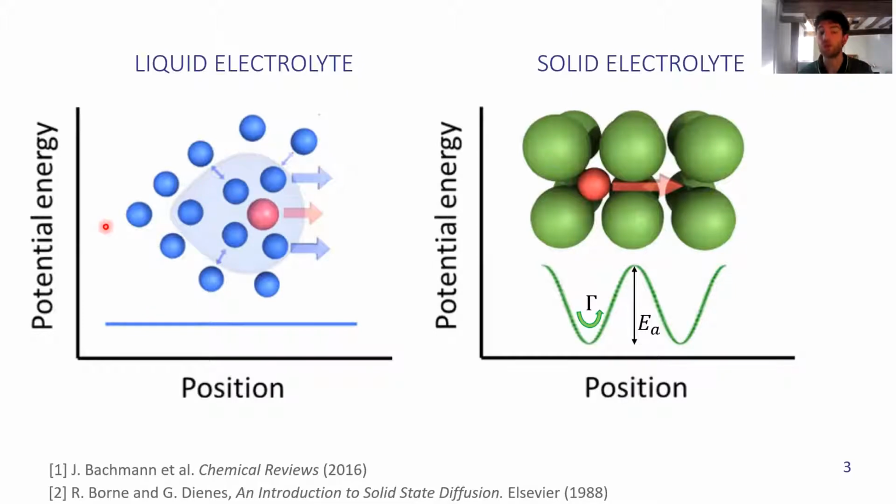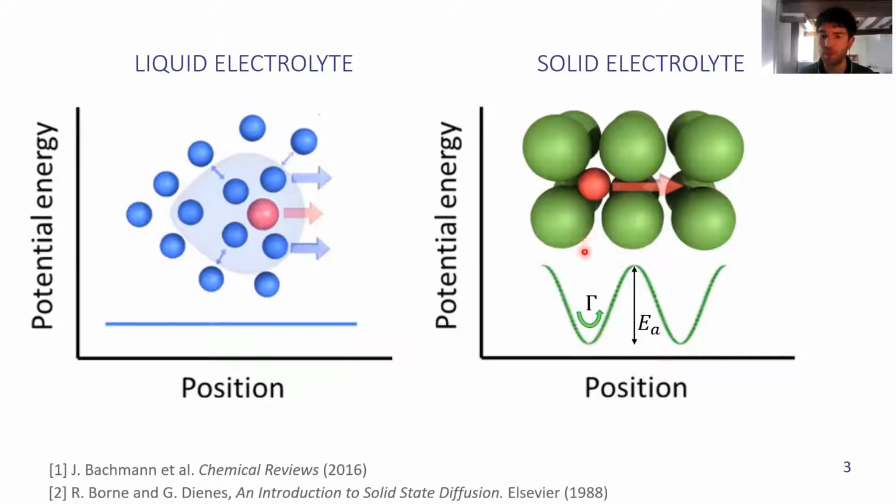And therefore, there's almost no resistance to diffusion for that pink ion, hence the flat potential energy surface. On the other hand, in the solid electrolyte, the surrounding ions are static, and therefore the pink ion has to go in very energetically unfavorable places, hence the activation energy barrier and the overall sinusoidal shaped potential energy surface.